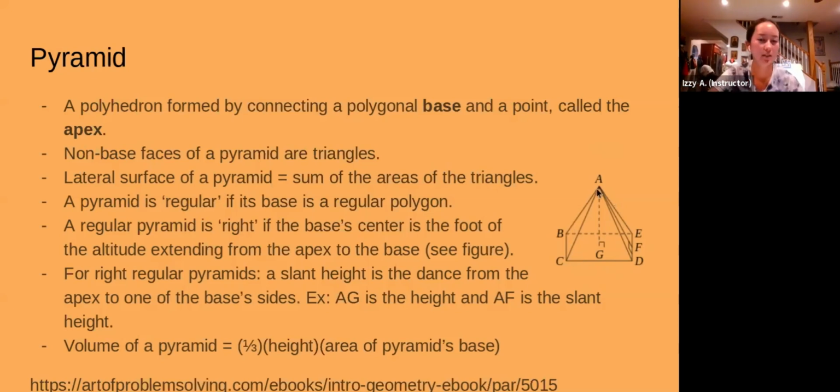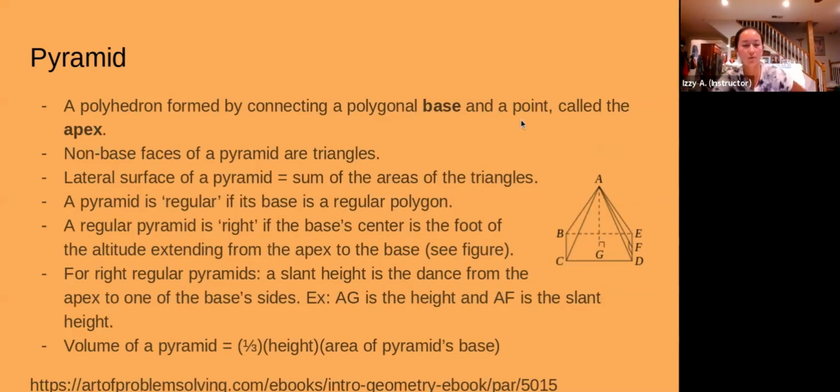So non-base faces of a pyramid are triangles, and the lateral surface area of a pyramid is equal to the sum of the areas of the triangles. Pretty straightforward. A pyramid is regular if its base is a regular polygon. And a regular pyramid is right if the base's center is the foot of the altitude extending from the apex to the base.